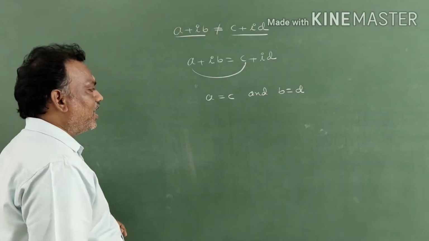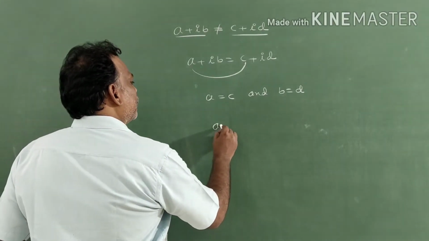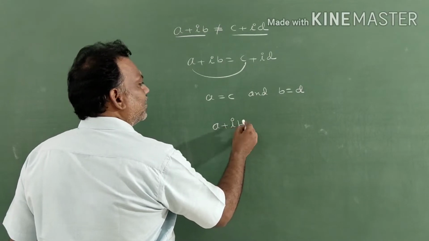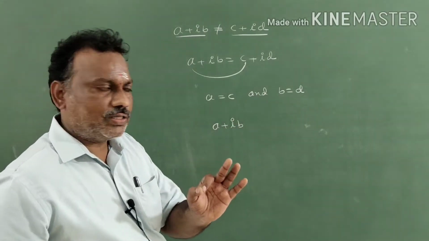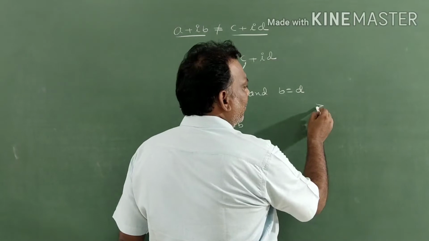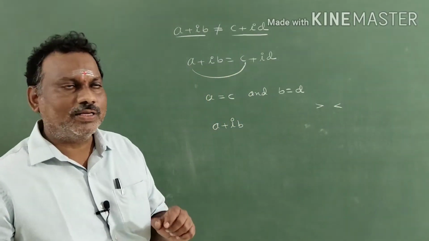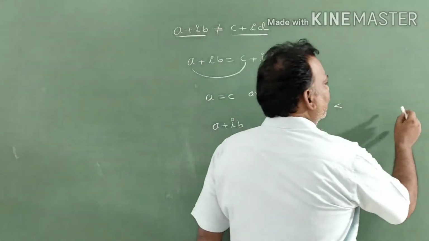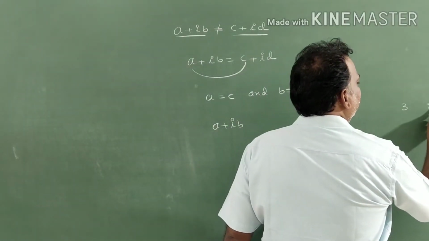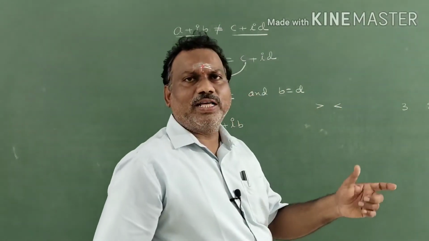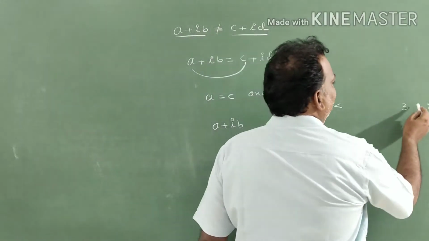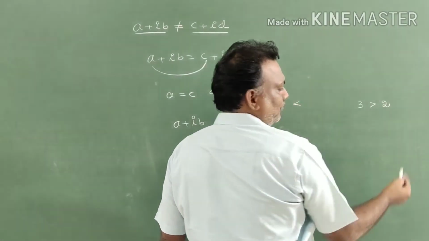And one more important point: two complex numbers never follow greater than and less than conditions. Suppose you take the number system 3 and 2, obviously which sign will we put between these two numbers? We will write 3 is greater than 2.